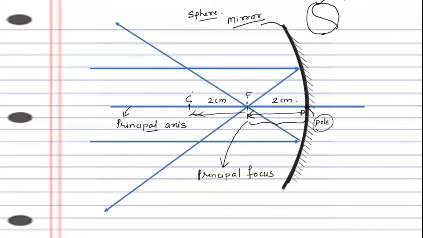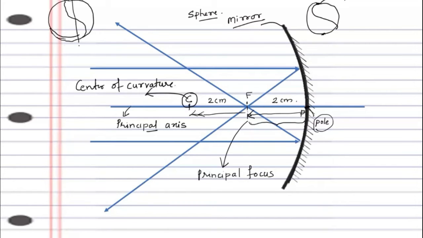Now, what is this C called? C is called the center of curvature. So this is the center of curvature. Now what does center of curvature actually mean? Suppose this is a cricket ball, let's say I am making it like a 3D type. Now if you cut it here, you get a hollow curvature.